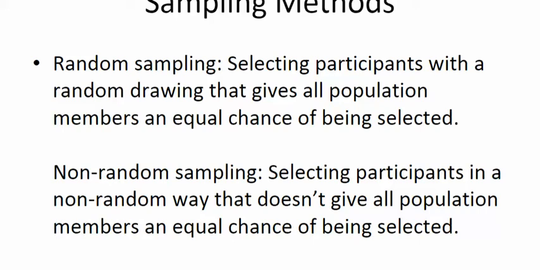Even though all people at the university are invited to take your survey, you're not going to get a random sample, because some types of people are more likely to step up and volunteer, and others more likely to not volunteer. And you're going to end up getting more of a certain type of person and less of another type of person. So I just wanted to point that out. Sometimes methods that seem random are actually not truly random.